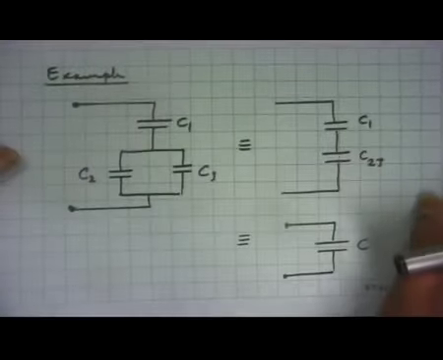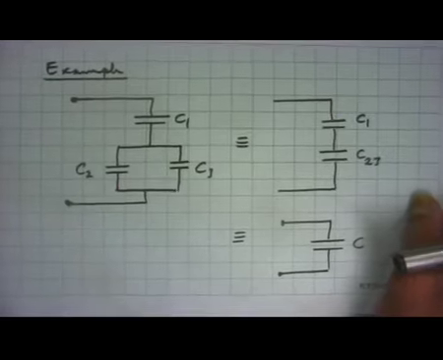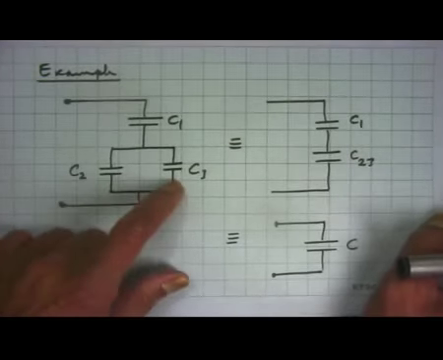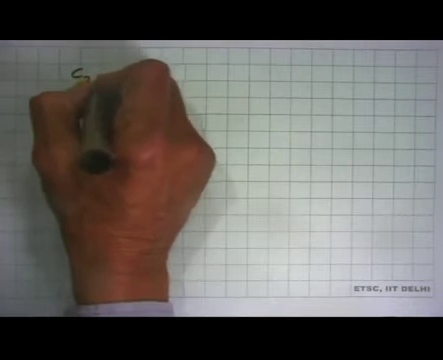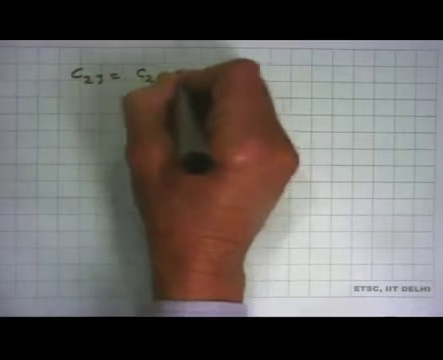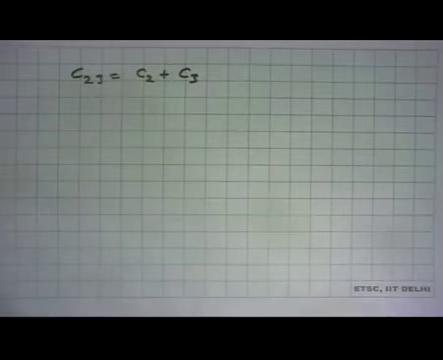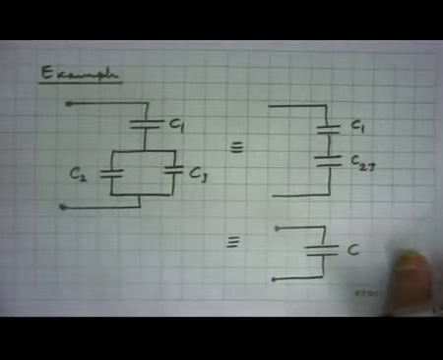So, let me try to apply this. First let me calculate C23. Remember C2 and C3 are in parallel, so C23 must be equal to C2 plus C3. Remember parallel capacitors add up like this.